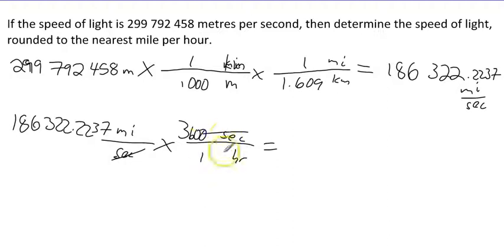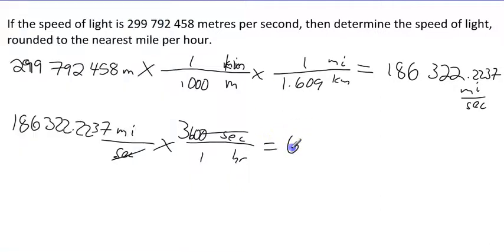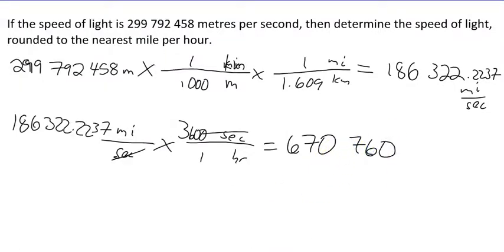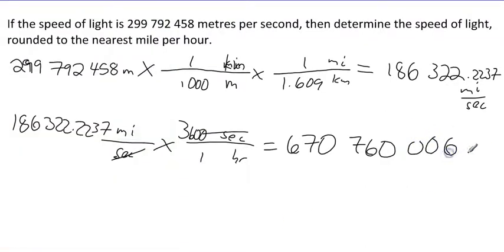1 hour is 60 minutes, and 60 minutes is 60 seconds, so 6 times 60 is 3,600. And so we're going to multiply times 3,600 and get, wow, okay, let's see here, that's thousands, 670 million, 760,006 miles per hour.